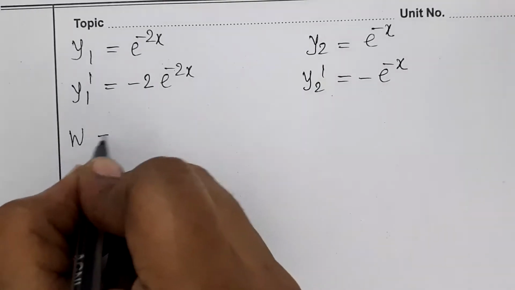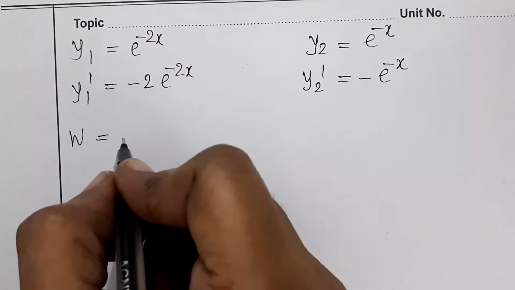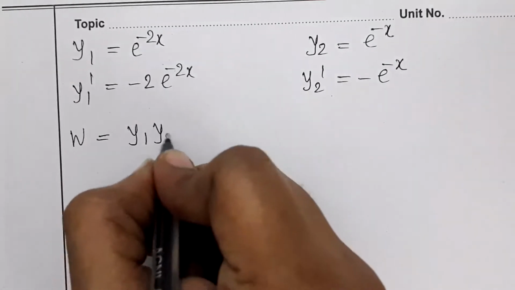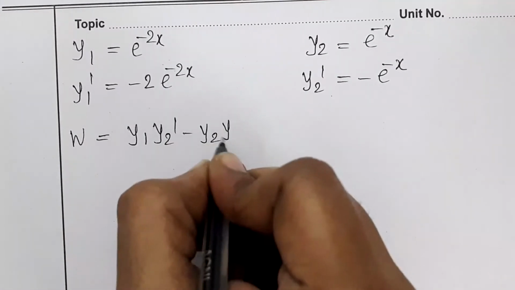Now W can be written as y1 y2 dash minus y2 y1 dash.